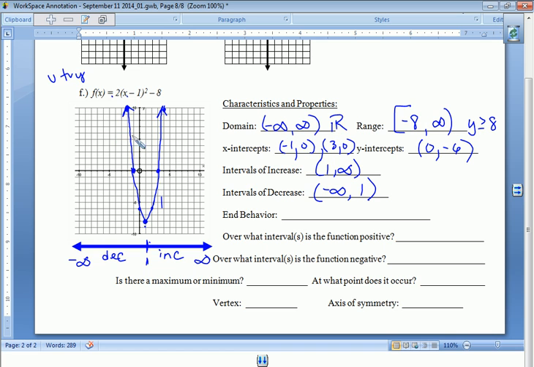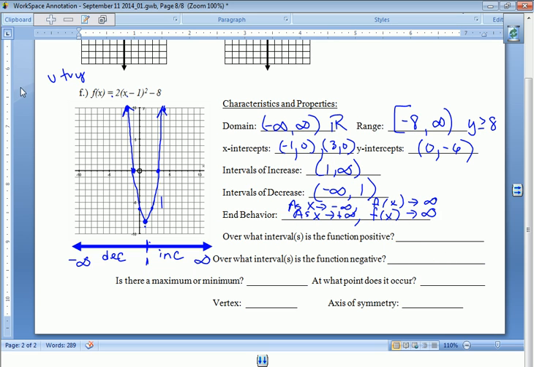In end behavior, as x approaches negative infinity, what is the function doing? The function approaches positive infinity. And as x approaches positive infinity, y also approaches positive infinity. And I'll use f of x or y there.